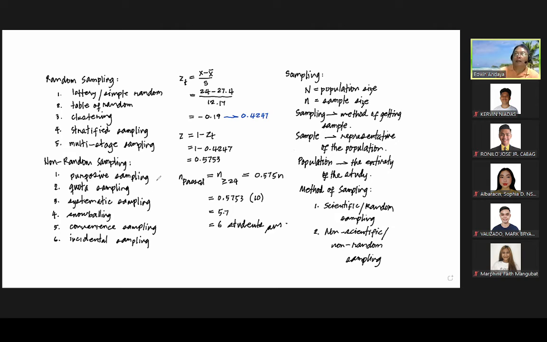Everyone has an entry ticket in the drop box, and then it is drawn by lot. That is lottery, that is random. Everybody that has the entry ticket has the chance of winning or being selected as a sample. Another one is by table of random numbers.